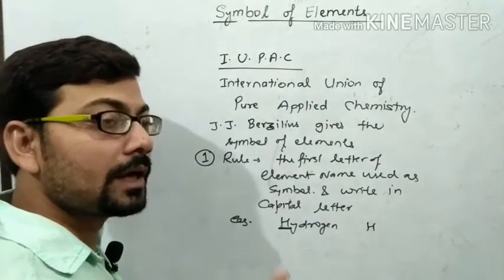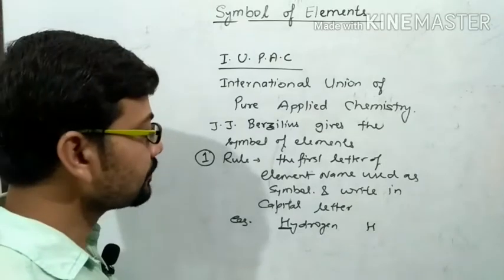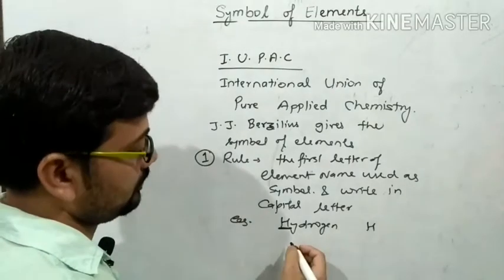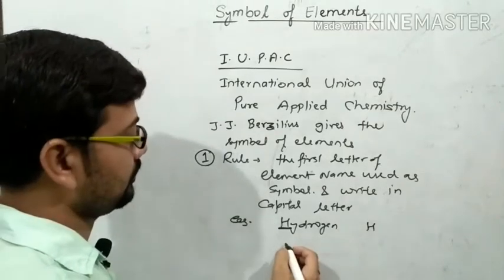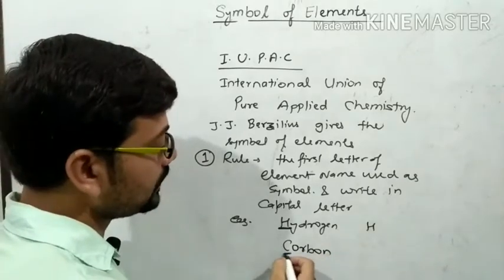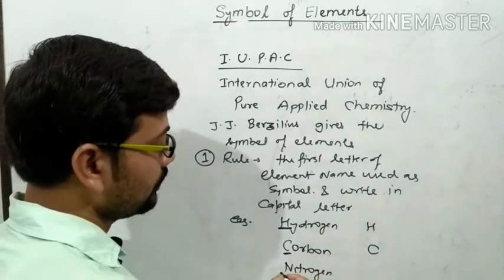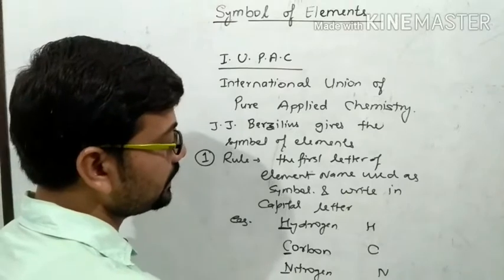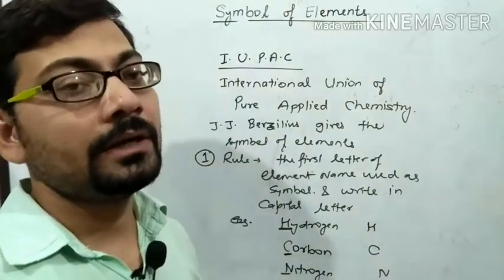Because J.J. Berzelius said that whenever we have to write the symbol of an element, firstly we use the capital letter. Now, like carbon, the first letter is C. Nitrogen, first letter is N. Oxygen, first letter is O. So this is the first letter by which we can write the symbol of an element.